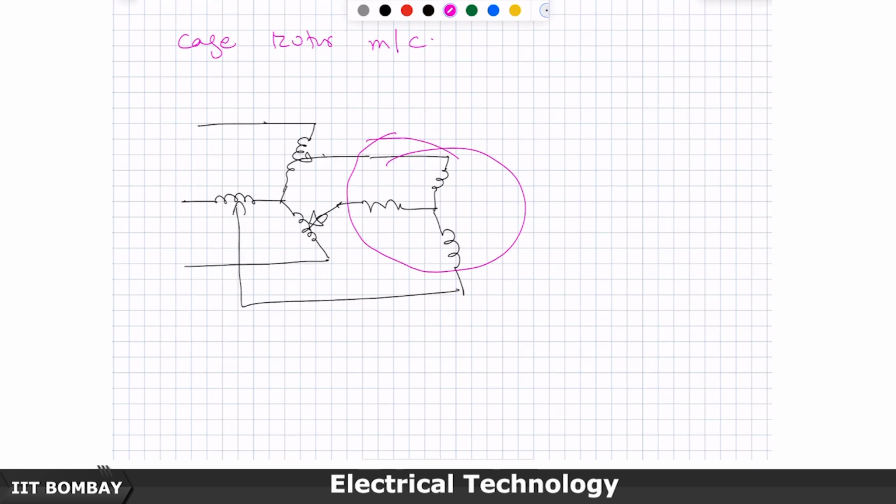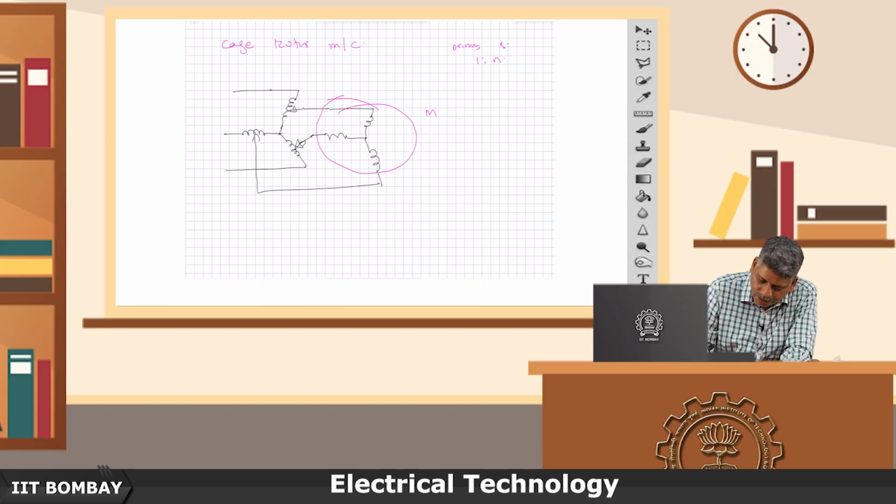This indicates what is available at the outside boundary of the motor. Now, let us say this auto transformer is rated 1:n, primary to secondary.